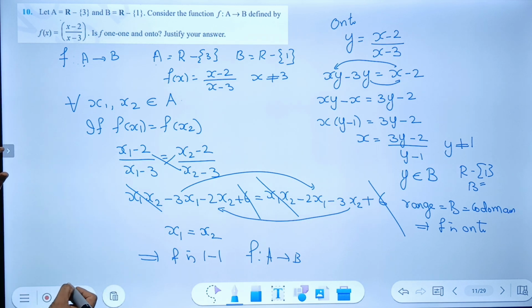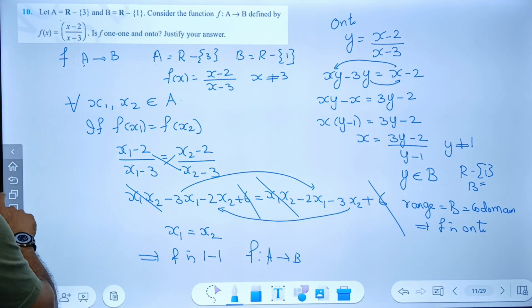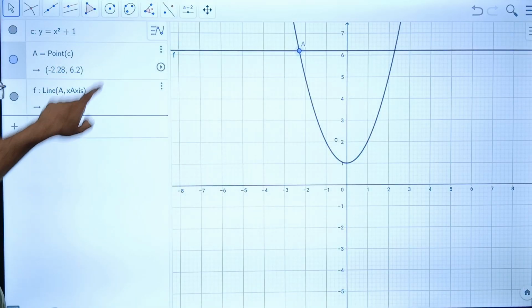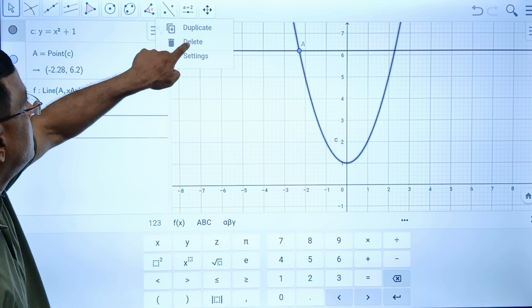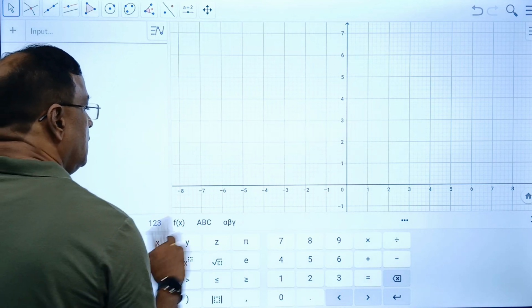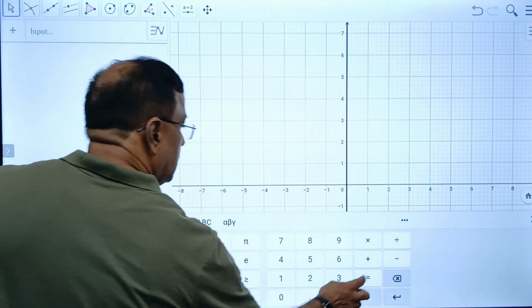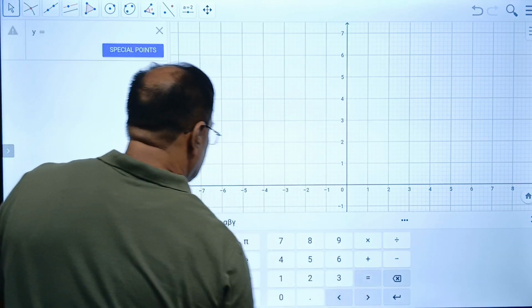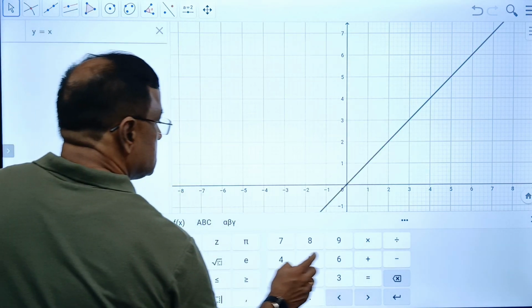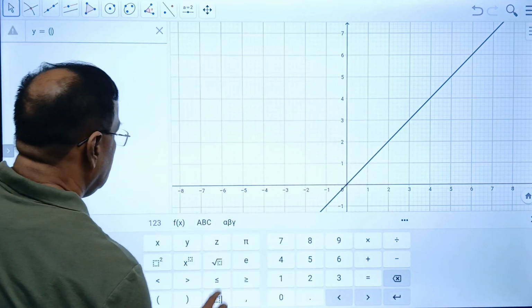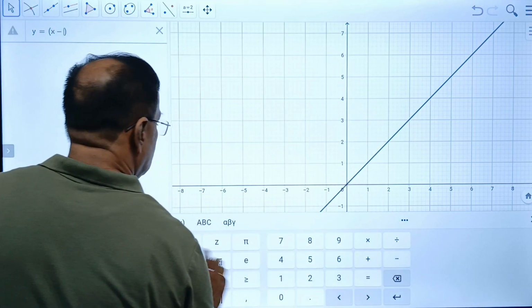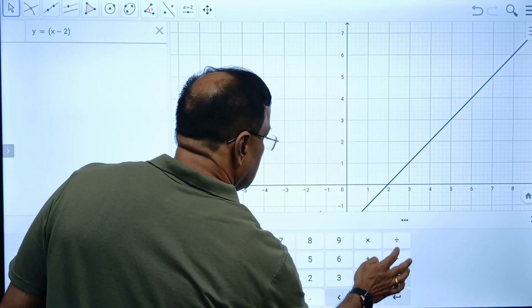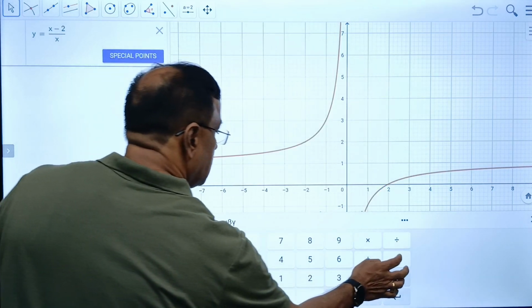I'll just show you this on a graph. Just have a look at it. x minus 2 and x minus 3. I need to draw y equal to (x minus 2) divided by (x minus 3).